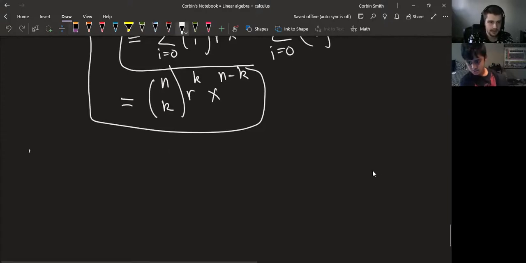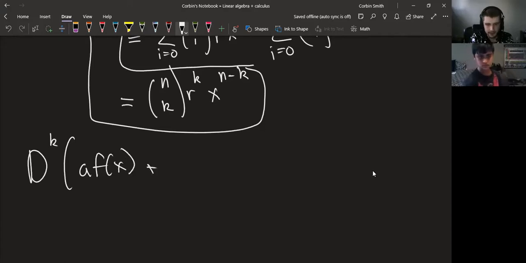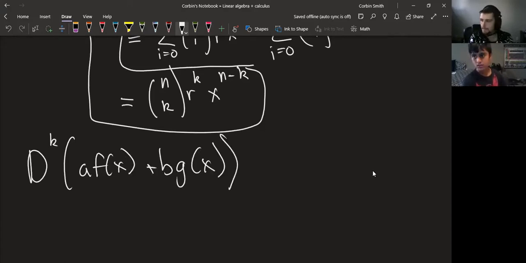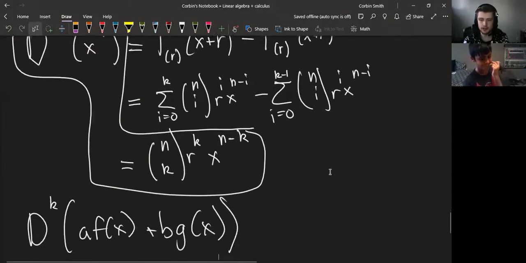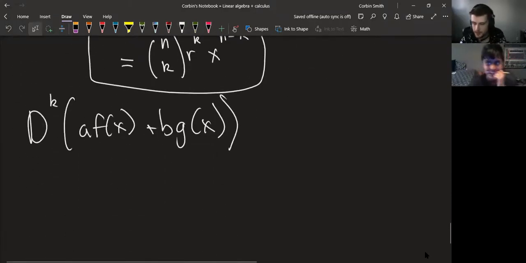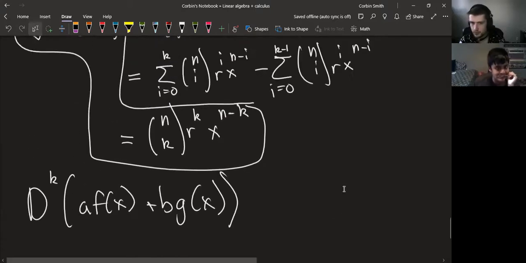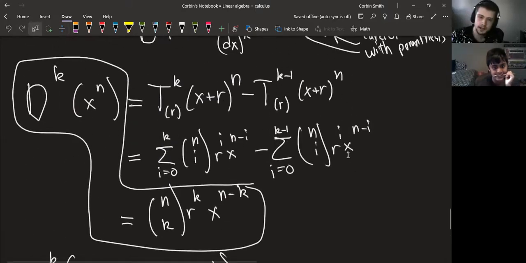What is the kth derivative of a times f of x plus b times g of x? Let's use our definition that we just had here. So this is where we're going to close it off. We're going to learn how to write this as a matrix, and then I'll see you next time.